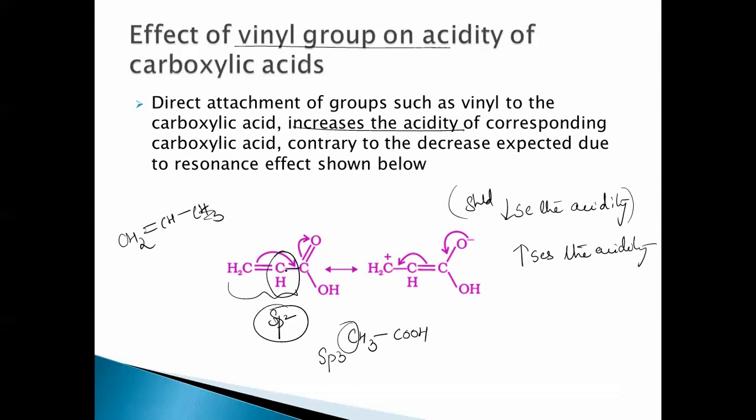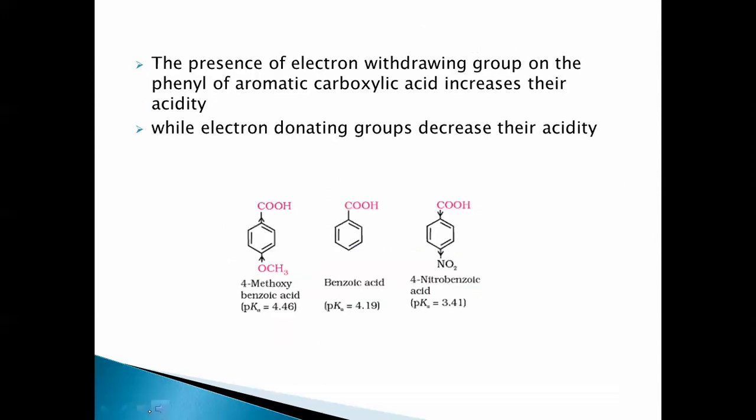That means it will attract the shared pair of electrons more closer towards it, therefore donating this H plus easily here because of this difference in the hybridization of the carbon atom, which is sp2 hybridized, making it more acidic, right?